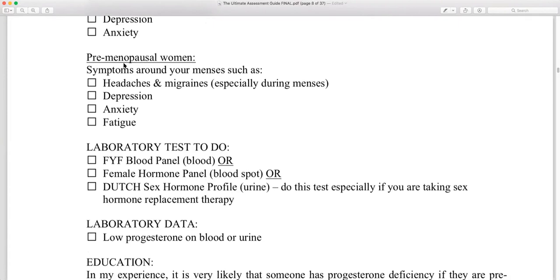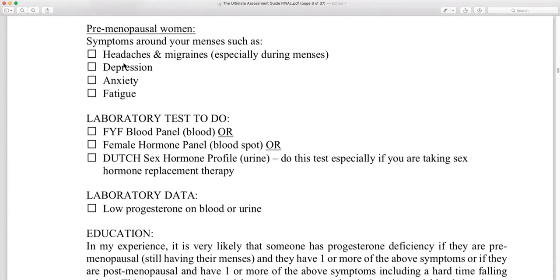For premenopausal women, symptoms around your menses can include headaches and migraines. Sometimes this happens as soon as somebody has their period, or sometimes it happens around day 18, 19, 20. That's the point at which progesterone is at its highest. And if you don't have enough progesterone, it changes the ratio between the progesterone and estrogen, which is just below it.